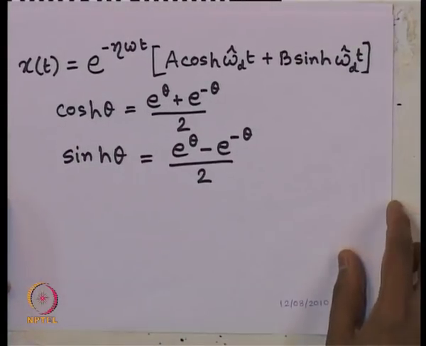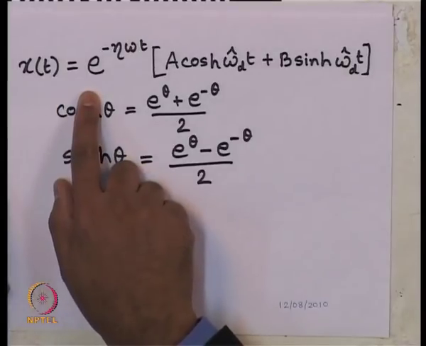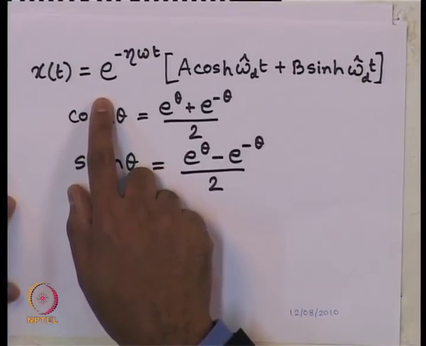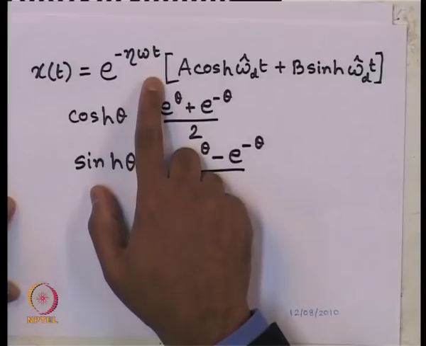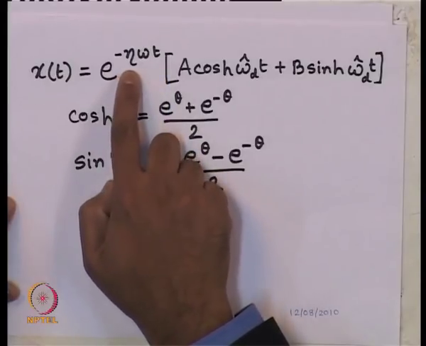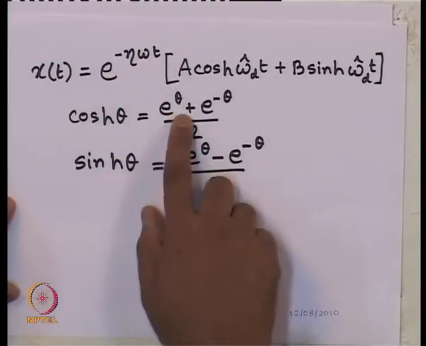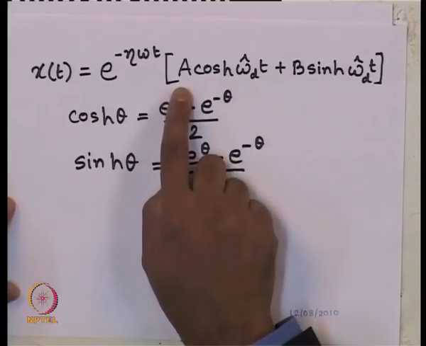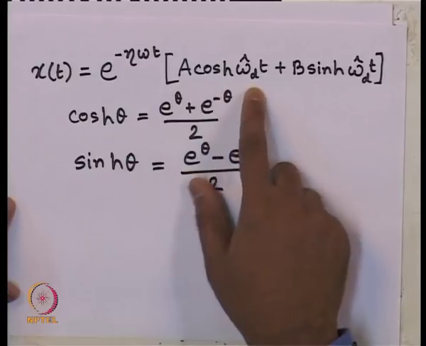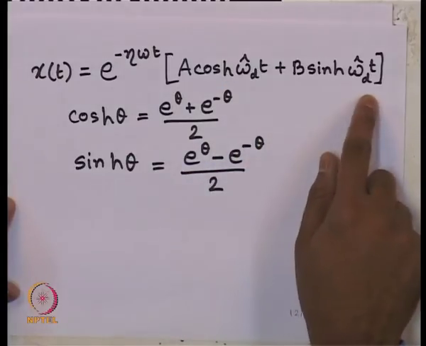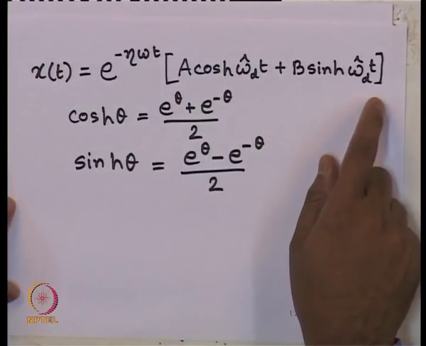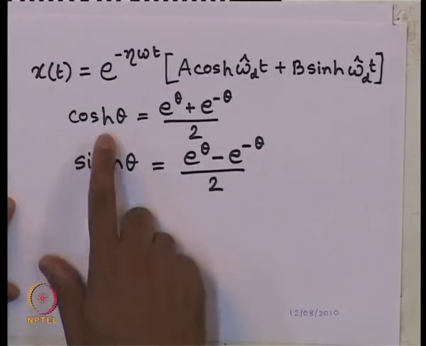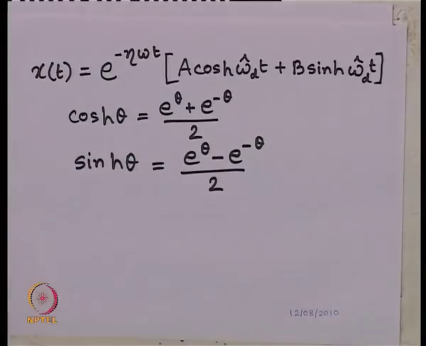So, with these 2 roots, we finally obtain the solution which can be expressed as x of t equals e to the power minus eta omega t, because minus eta omega was one root and another root was omega d cap. So, a cos hyperbolic omega d cap t plus b sin hyperbolic omega d cap t, where cos hyperbolic and sin hyperbolic functions we know how these are written.